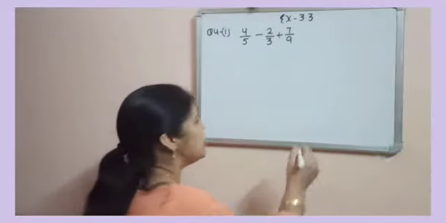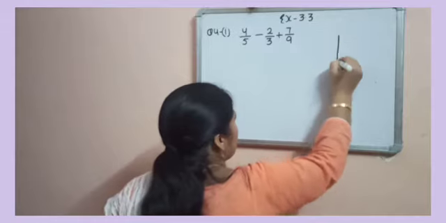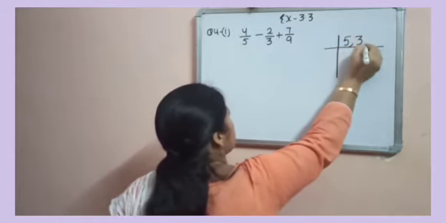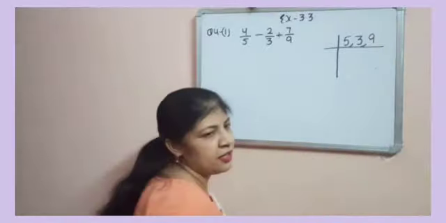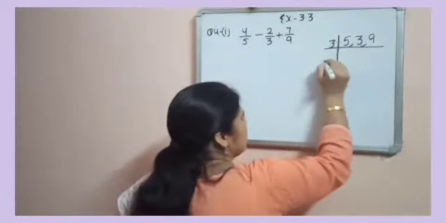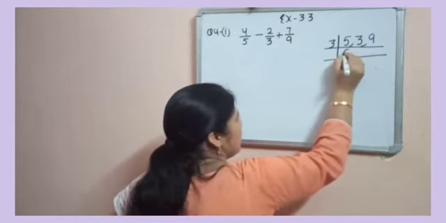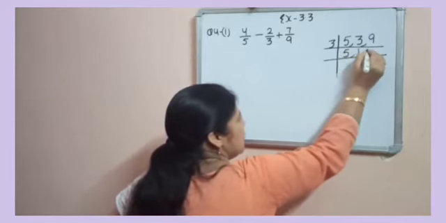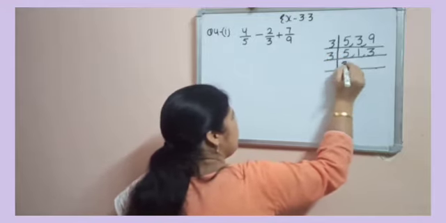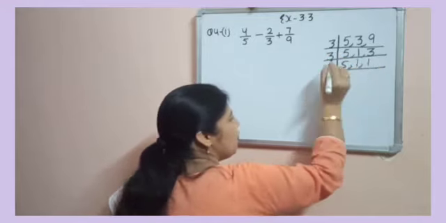So first we take the LCM of the denominators, and the denominators are 5, 3 and 9. These are divisible by 3, so divide by 3: 3, 1, 3, 3, 9. Again divide by 3: 5, 1, 1.